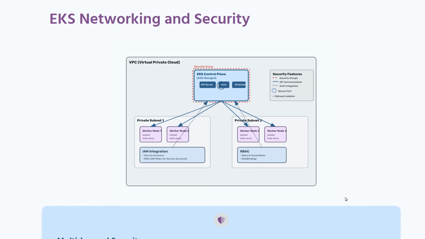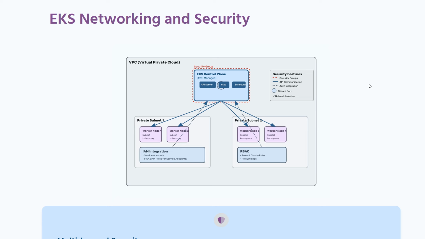Okay, EKS networking and security. When you are provisioning these pods, how are the security levels applied? Basically the VPC is a private cloud, and you put them in a private subnet, which gives you extra security. Then you can use security groups.